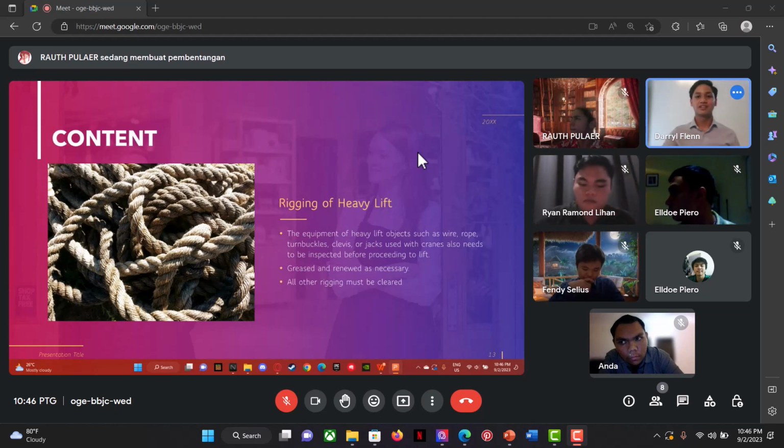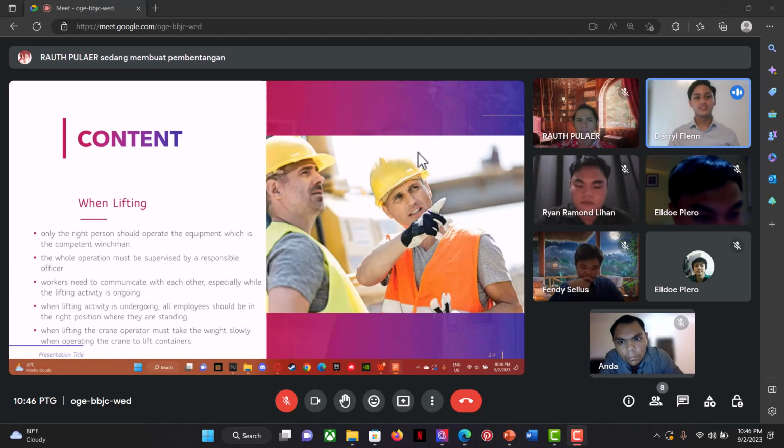Okay, moving on to the last topic, which is when lifting. So the first one is only the right person should operate the equipment, which is the competent winchman. Competent winchman is known as the crane operator.